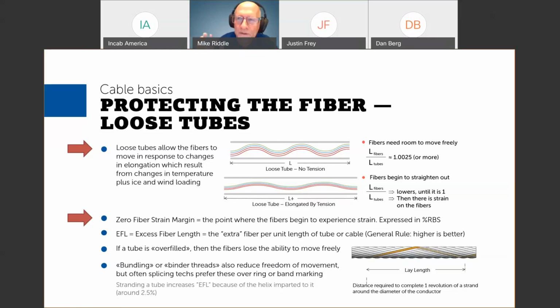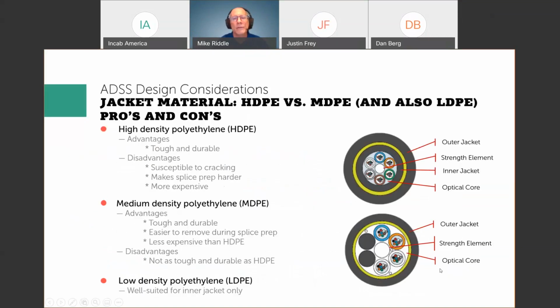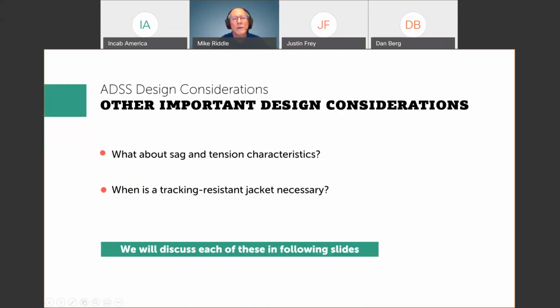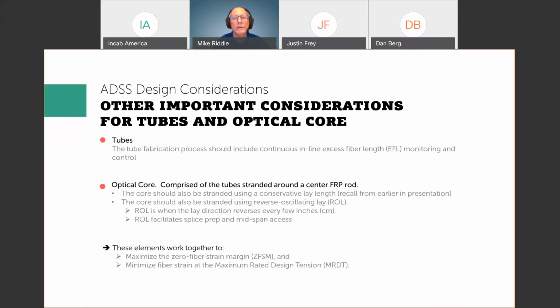Of course, it turns out there are technical reasons you don't want it to be too short, and so we end up with a compromise. You need to use a good lay length that factors in the performance aspects of the optical fibers.